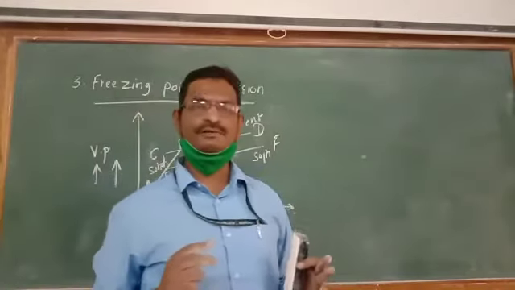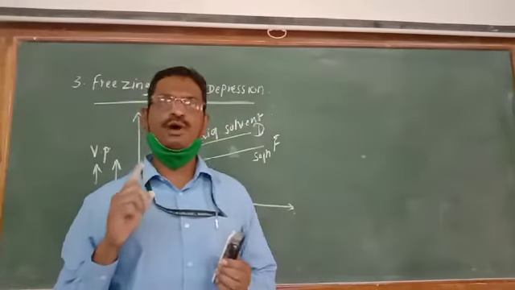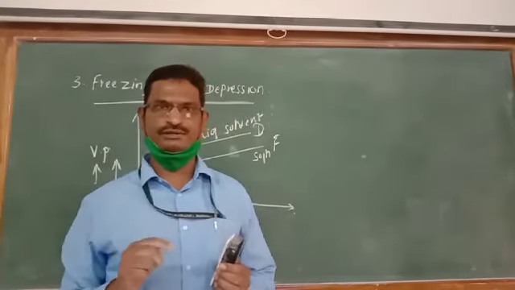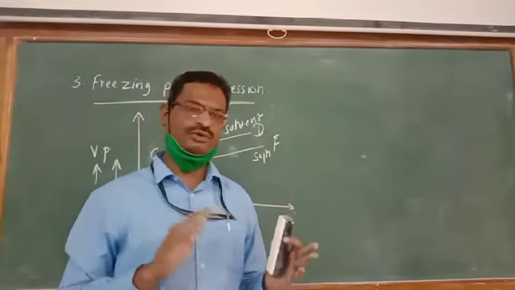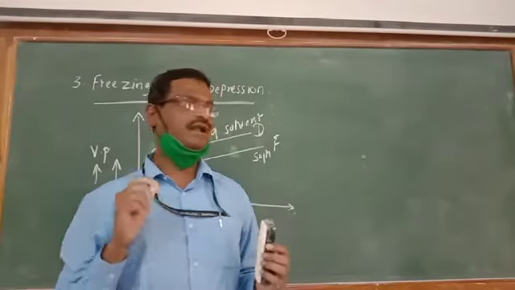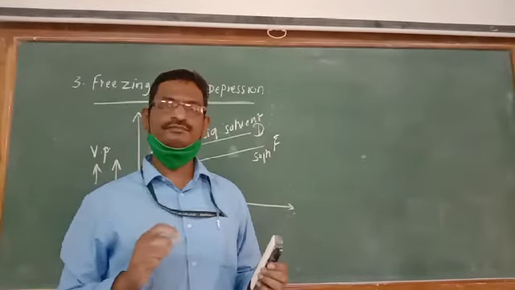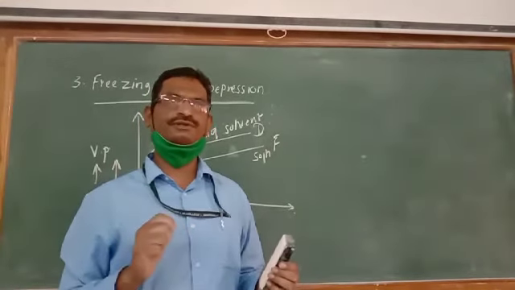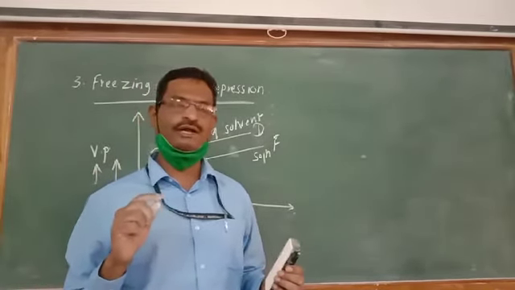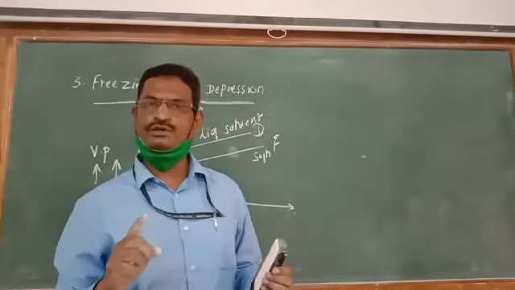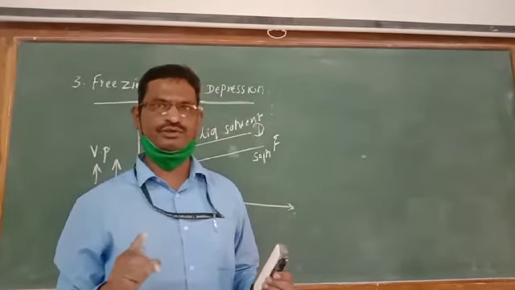Because in a pure solvent, all the molecules at the surface are molecules of only pure solvent and they are volatile. But if we add certain solute to the solvent, at that time we are considering the non-volatile, non-electrolyte solute. Therefore, some of the molecules of solvent from the surface are replaced by the non-volatile, non-electrolyte solute. Therefore, the number of molecules at the surface undergoing evaporation decreases in solution.